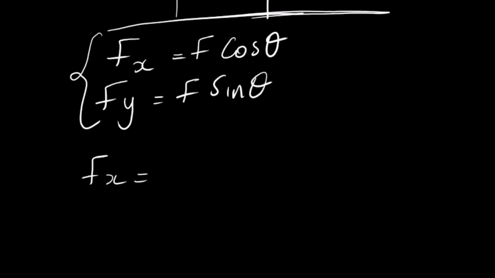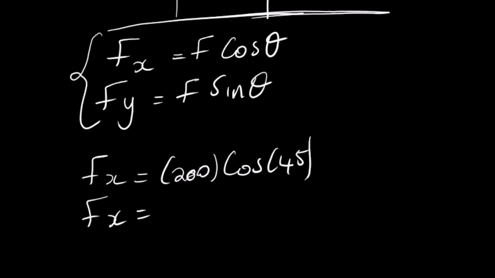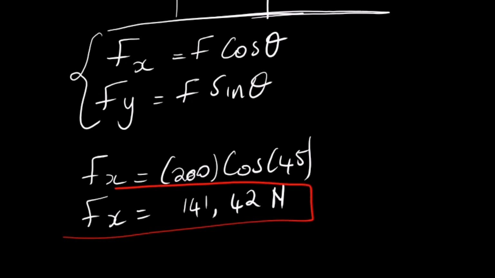For horizontal, our F is 200 newtons, cos, the angle is 45. Punching this on the calculator, we get 141.42 newtons. Let me quickly verify. 200 multiplied by cos 45. Yes.